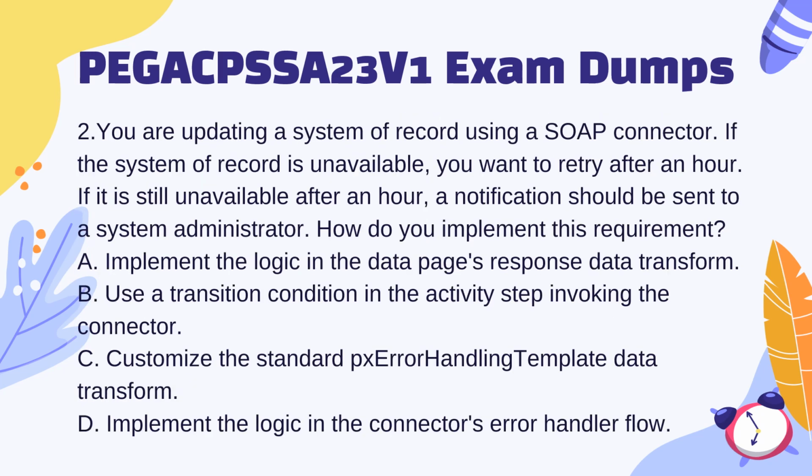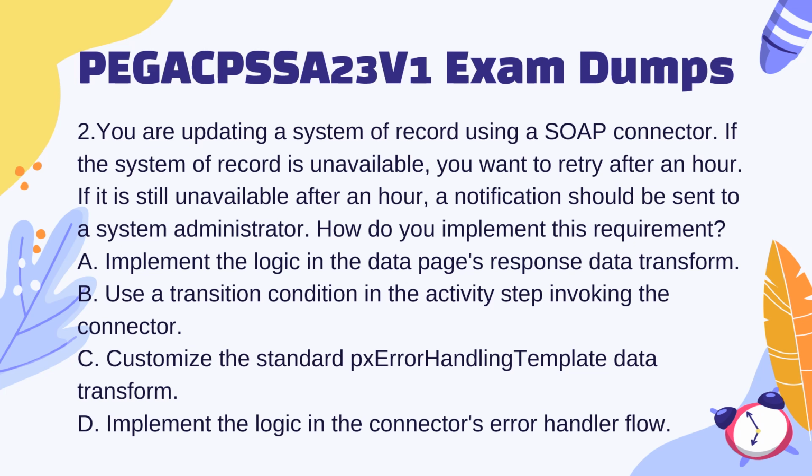2. You are updating a system of record using a SOAP connector. If the system of record is unavailable, you want to retry after an hour. If it is still unavailable after an hour, a notification should be sent to a system administrator. How do you implement this requirement?